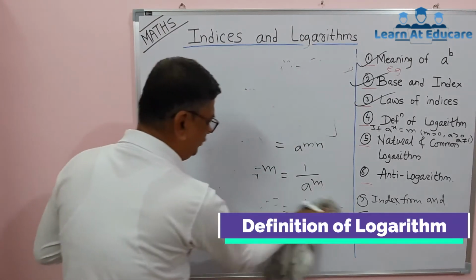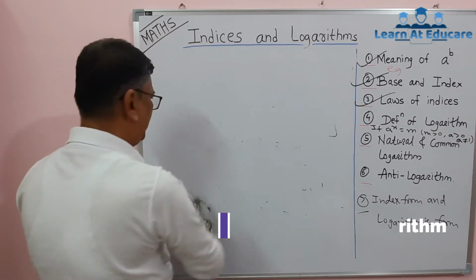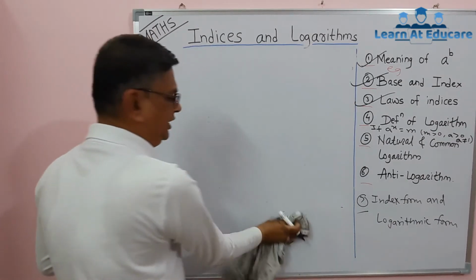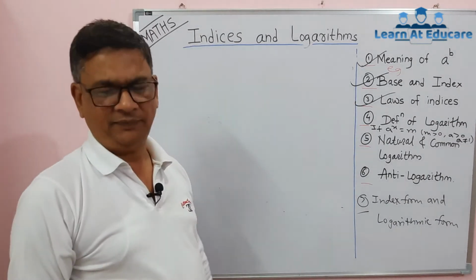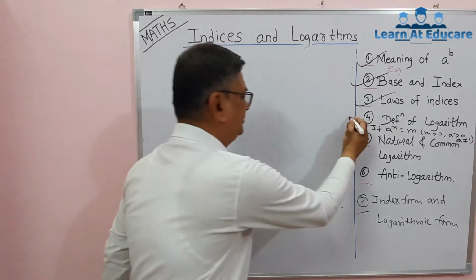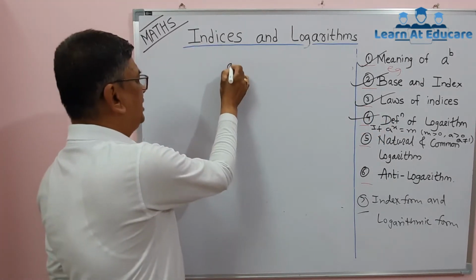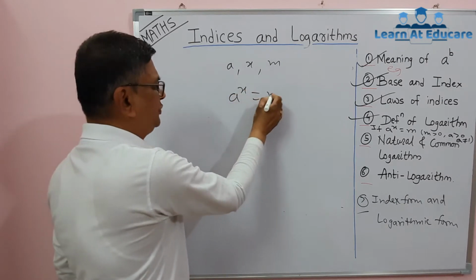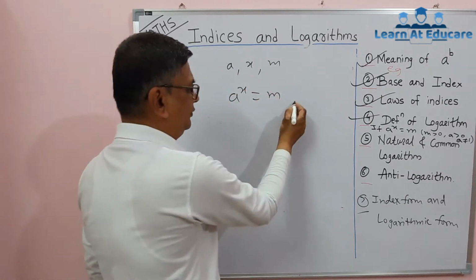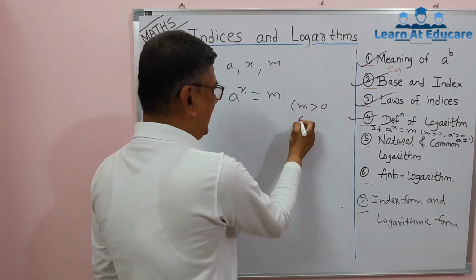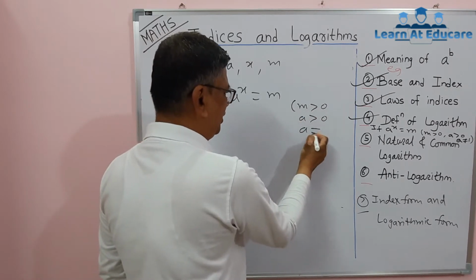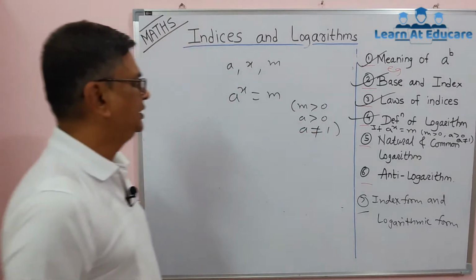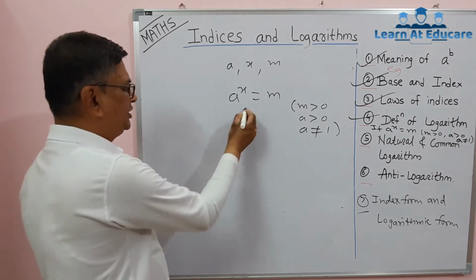As I have told earlier at the start, logarithm is related with indices. And how it is related, now we will see in the definition. Suppose there are three numbers a, x and m with the condition a raised to x equal to m, and if we have this a and m positive with the condition a should not be equal to 1, then the definition of logarithm is like this.